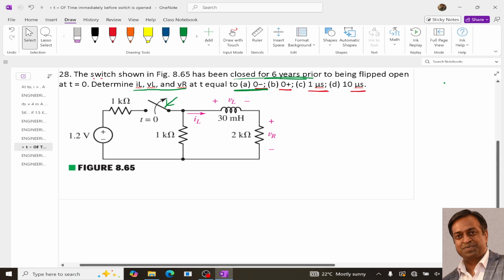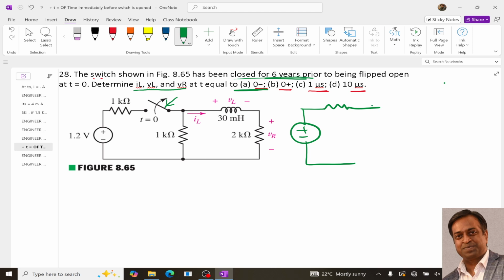So I will redraw this circuit like this: plus minus. Over here we have a switch, and it is closed because for the last 6 years it was closed.